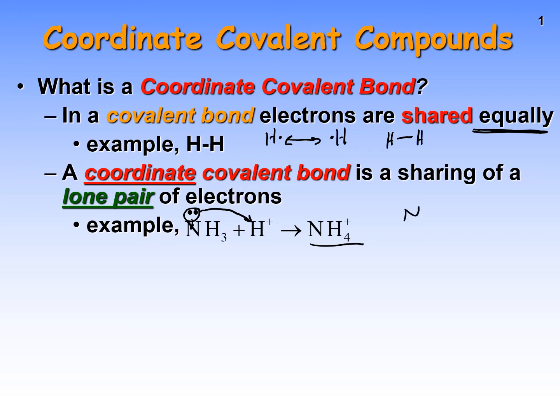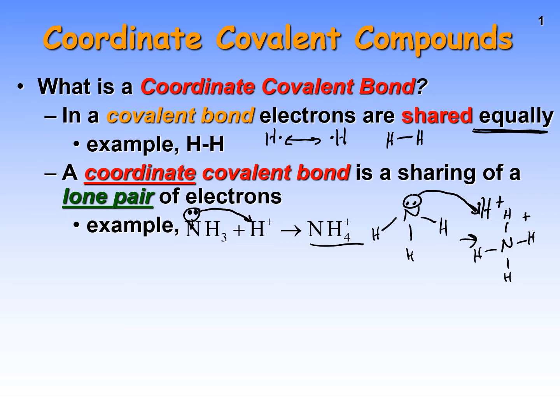In other words, we basically have something like this going on. We have this lone pair on the nitrogen, and we have this H+ here. This lone pair forms a coordinate covalent bond with the H+, giving us NH4+. One of these four bonds is actually a coordinate covalent bond, and the other three are simply covalent bonds.